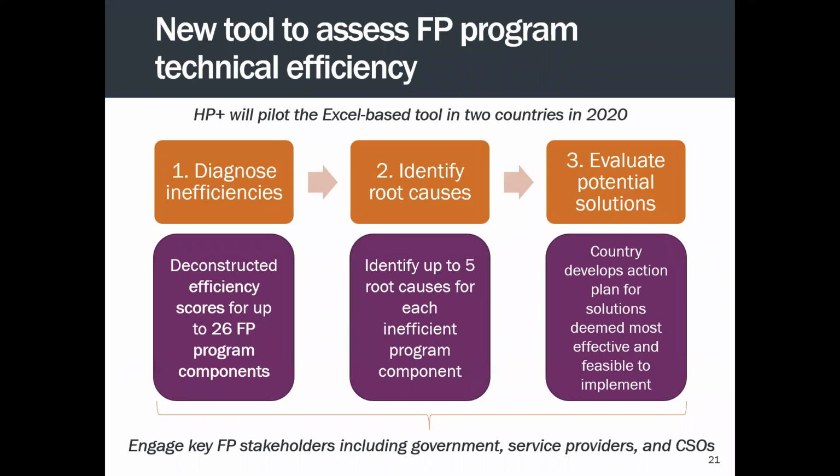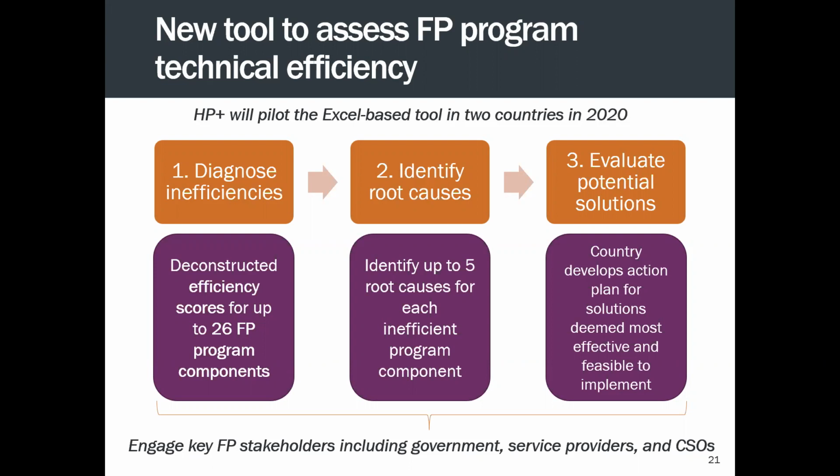And since there was no existing tool for a comprehensive technical efficiency assessment of a specific health area, we developed one for family planning. We created a tool that could be applied in any country and customized for that country. The application process involves 3 steps. First, diagnosing inefficiencies within the program by developing deconstructed efficiency scores using input-output ratios for up to 26 specific components of a family planning program.